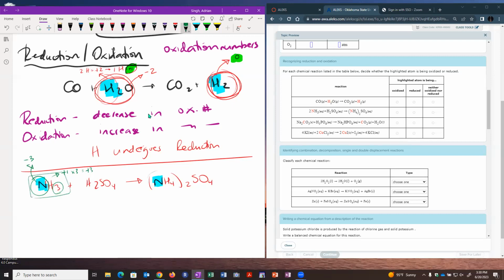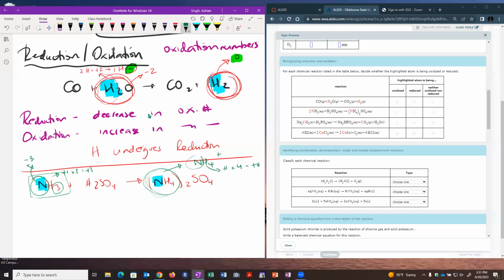And then on the right side, we can see here that the nitrogen is in combination with hydrogen in terms of the NH4. Now remember, that's the ammonium ion, NH4 plus. And we just said that hydrogen is normally +1, and we have 4 H's, so that gives a total of +4.